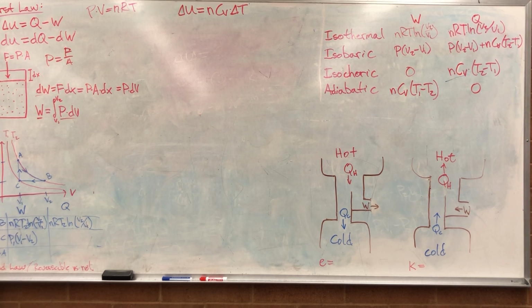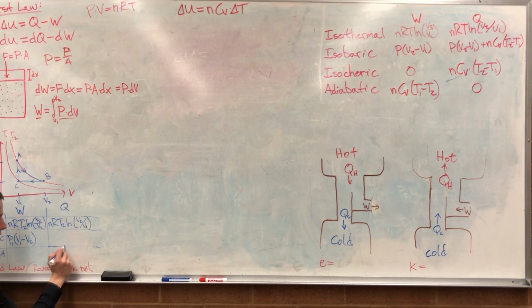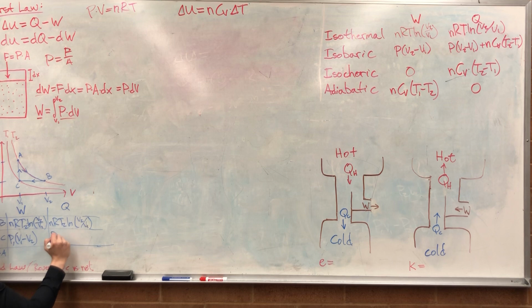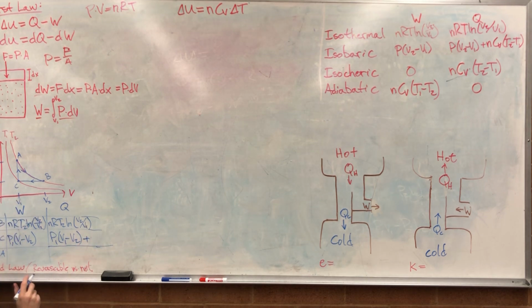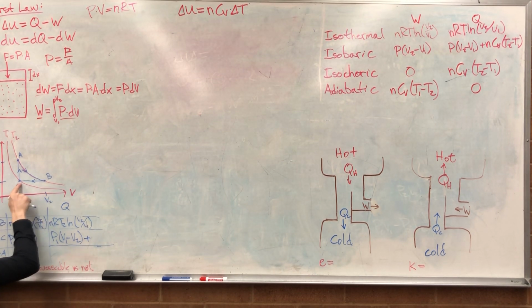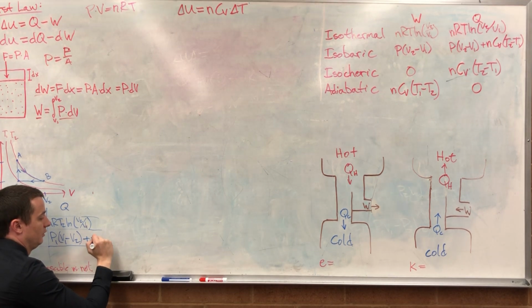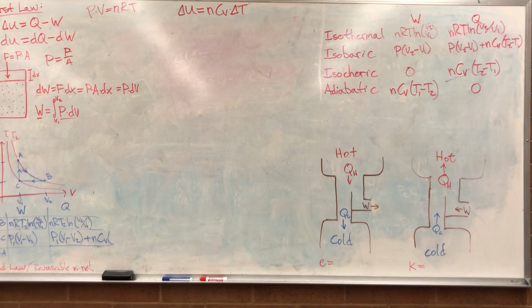What about the heat added to the gas? It's going to be that same thing. The heat added to the gas is going to be P1 times V1 minus V2 plus nCV times the change in our temperature, which gives the change in our internal energy.